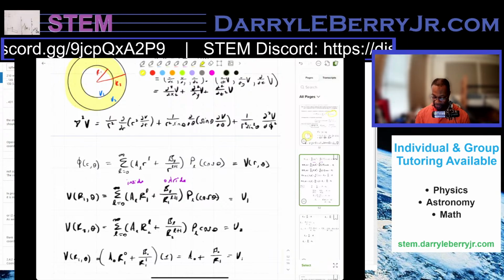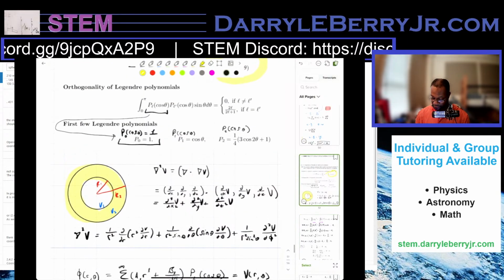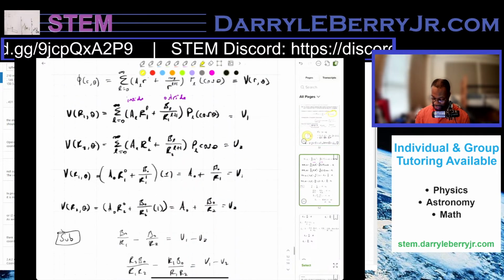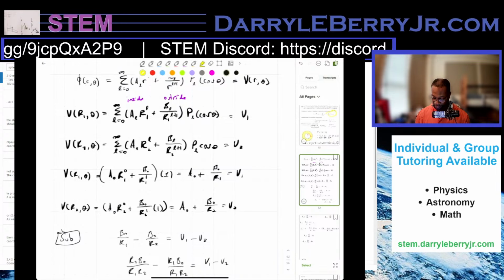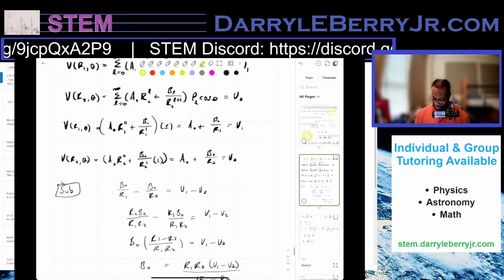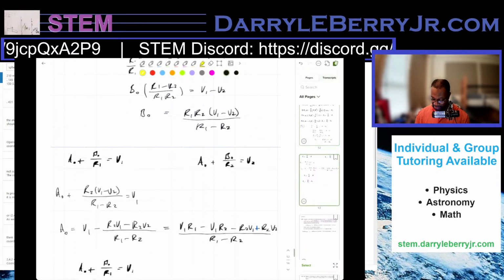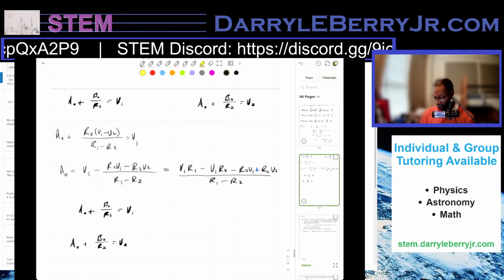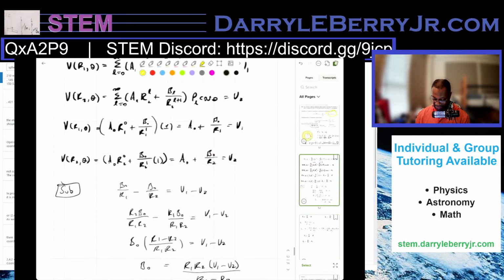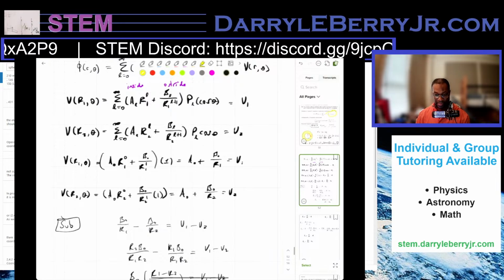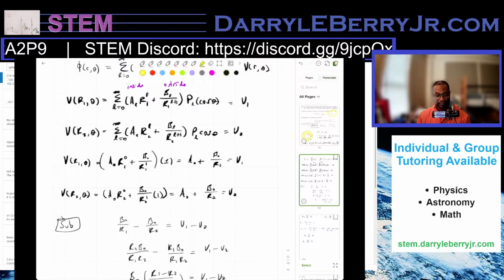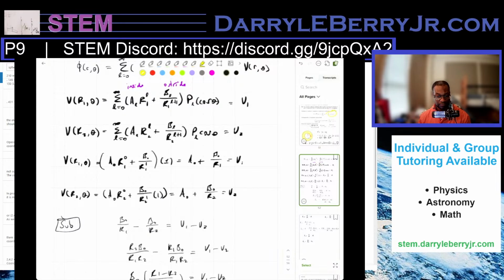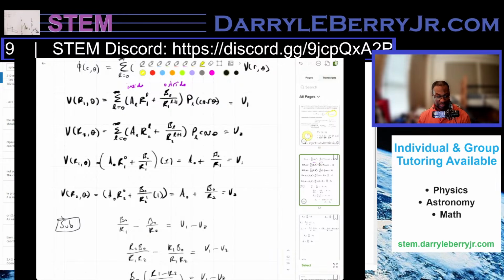In this case, since there's no theta dependence, the Legendre polynomial is L equals 0. Solve that at both radii, and then use the sum and minus of each of these equations to solve for B naught and A naught. And then we could just plug those back into the equations we use with the Legendre polynomial. So easy enough process.